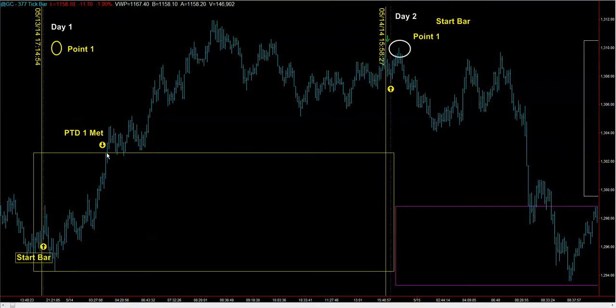Current price, as we met PTD1, is there. So lowest point of the day is going to be this point here, and that is point 1. So the outermost angle is to be drawn from there to there, and that is our first trend line drawn. Upward sloping, looking for short entry.